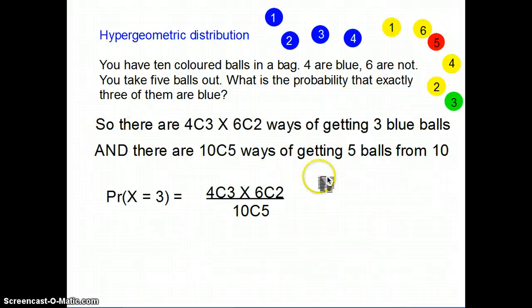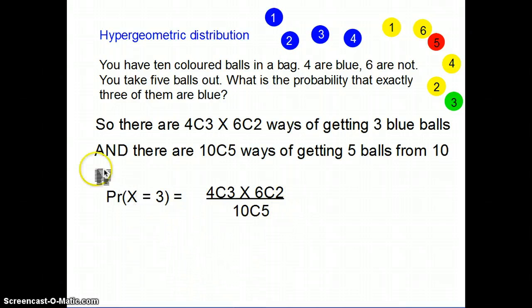So that means in total, from what we were looking at before, we have 4 choose 3 times 6 choose 2 ways that give us a successful 3 blues out of 10 choose 5 ways in total of getting those 5 balls.